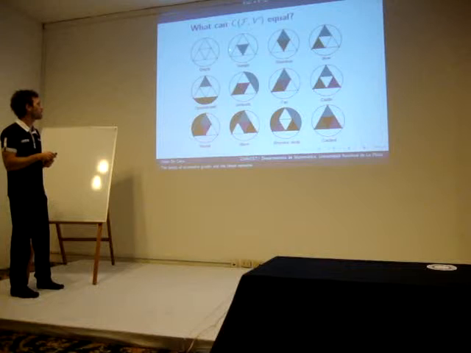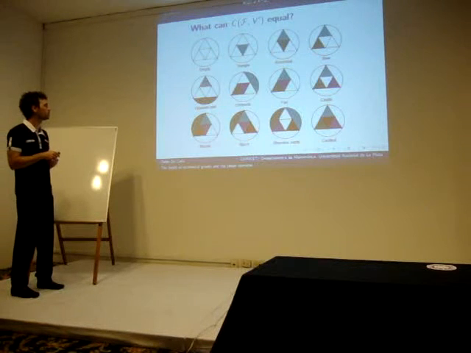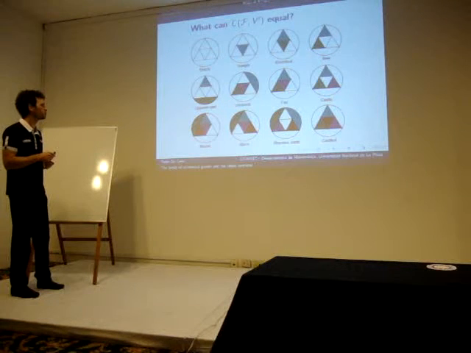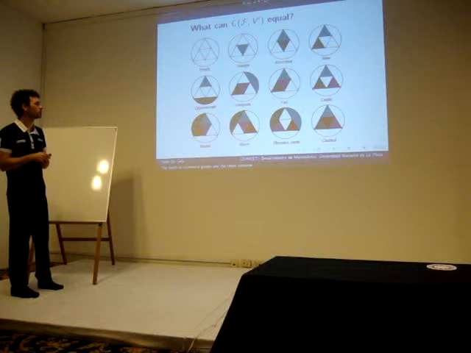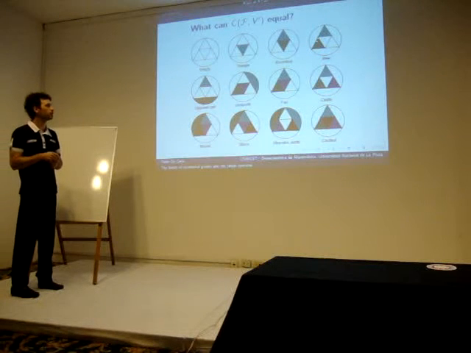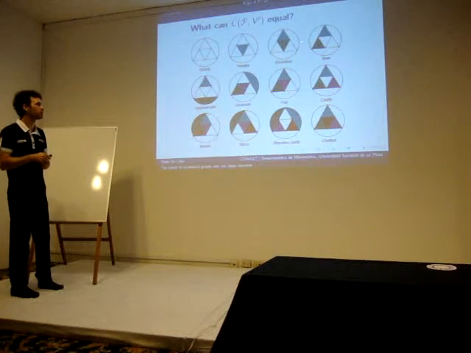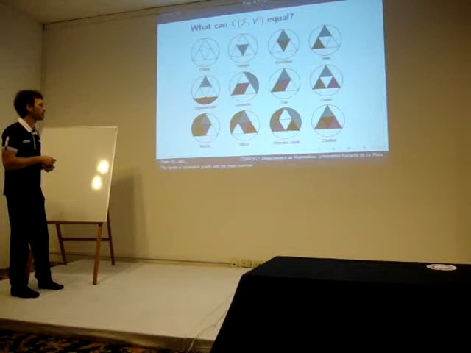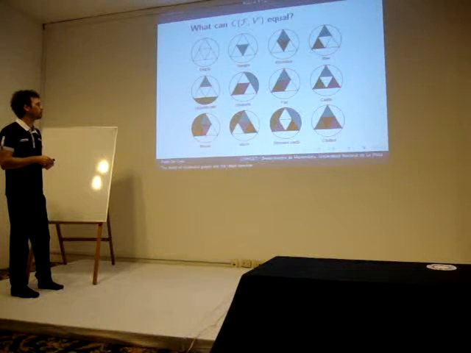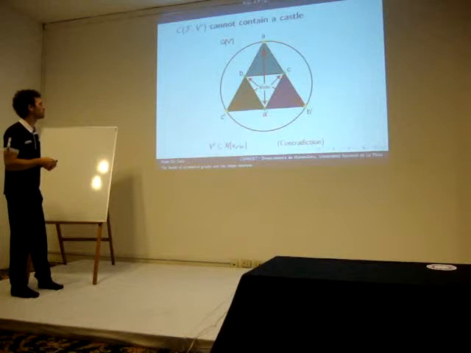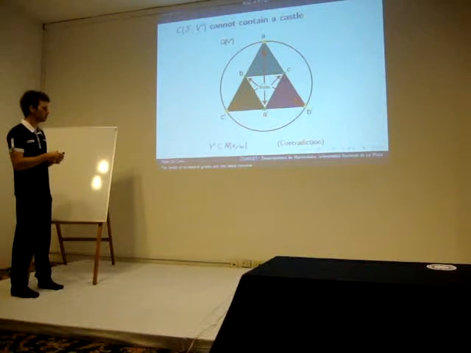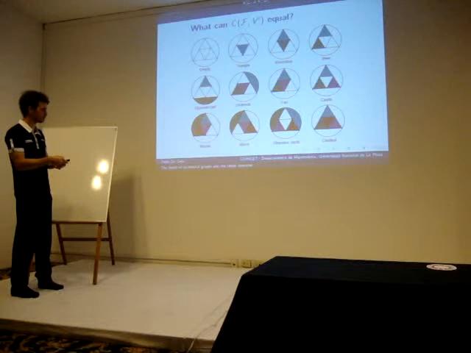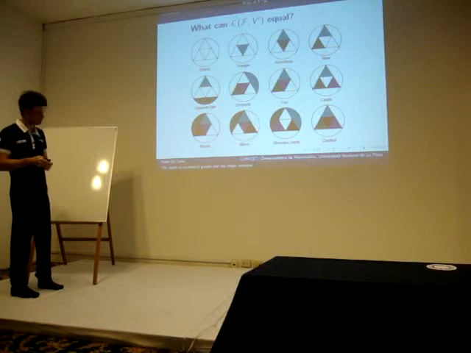It can be empty if it has no triangle. If it has just one triangle, we will call it a triangle. If it has two triangles that share a side, a rhombus, and a bow if it has two triangles that only share a vertex, and so on. In this context, we can see that C of F prime cannot be a castle. A castle was one of the cases in the previous slide.